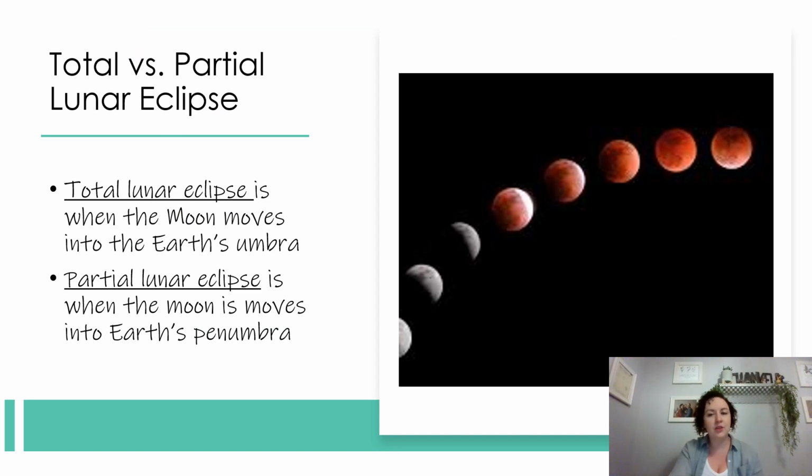Similar to the solar eclipses, you have the total and the partial. A total lunar eclipse is when the moon moves completely into the Earth's umbra, and this is where it gets completely darkened out. Now, the thing with lunar eclipses versus solar eclipses is that it doesn't go black. The moon gets this really cool, creepy red haze to it.